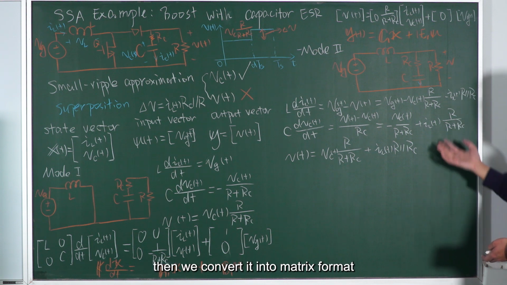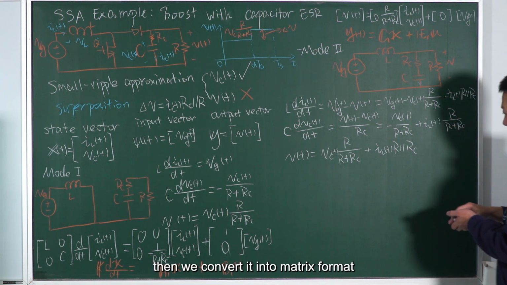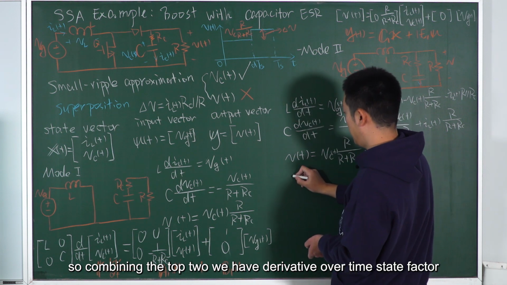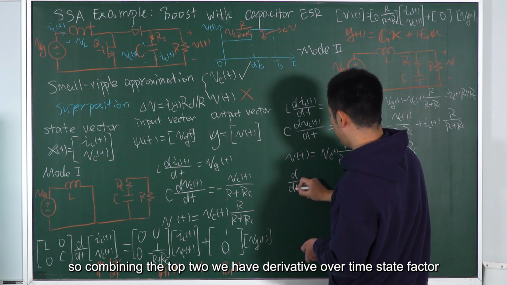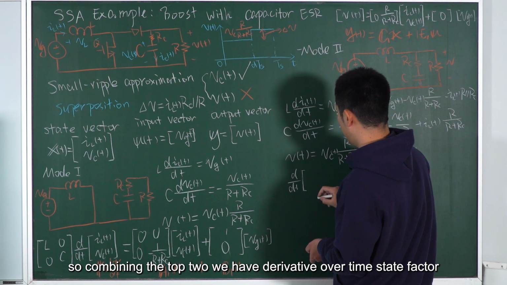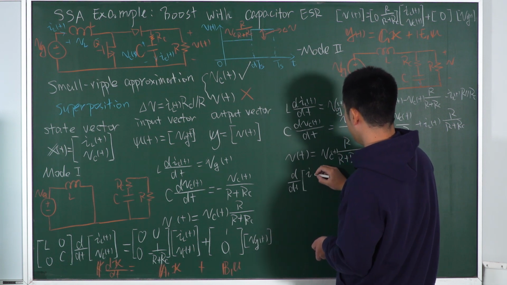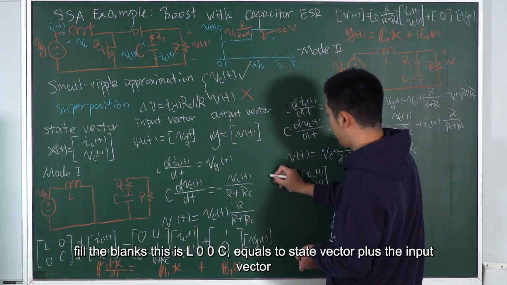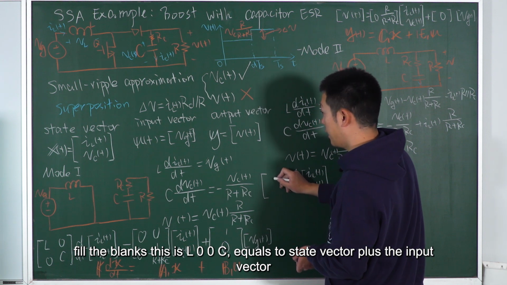Then we convert it into matrix format. Combining the top two, we have the derivative over time of the state vector. Fill the blanks. This is K, right?